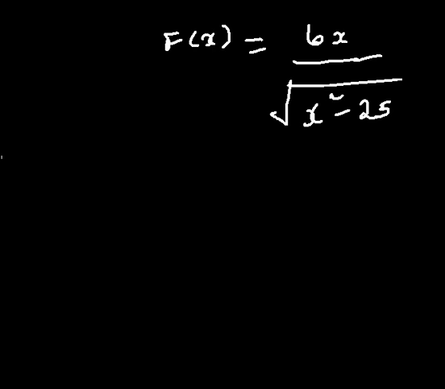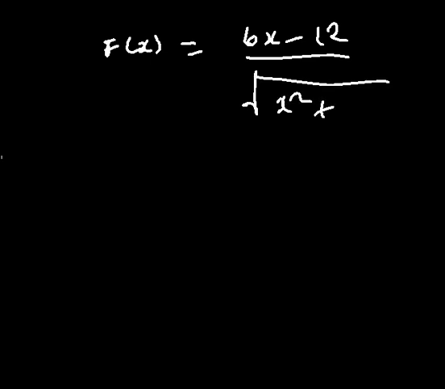Hence what you should understand is that x squared minus 25 should be greater than 0. This is the condition that will satisfy the inputs of the function. Now this is a polynomial inequality, where you can solve it the way we have been discussing all along. So keep that in mind.